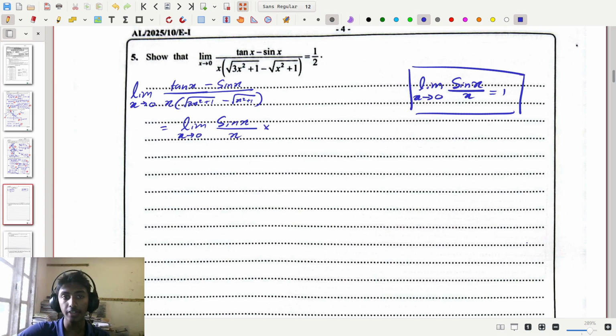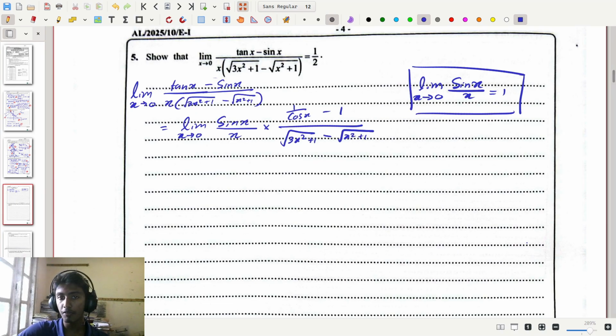Now in this case, the rest is what happens when you remove sin of x from tan of x, which is 1 divided by cosine of x, minus what happens when you remove sin of x from sin of x, which is 1, divided by this bit here, which is the square root of 3x squared plus 1 minus the square root of x squared plus 1.